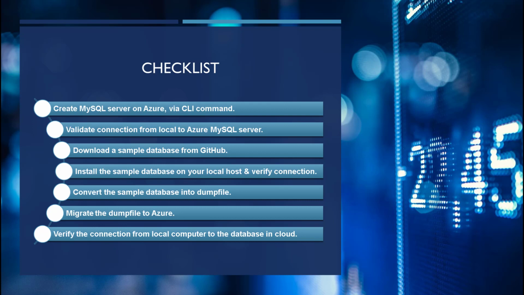The next thing I have to do is validate the connection from my localhost to the Azure MySQL server, download a sample database from GitHub, install the sample database on my local computer and verify the connection, convert the sample database into a dump file, migrate the dump file to Azure, verify the connection from my local computer to the database in Azure cloud, and after that I have to run some commands to see if my SQL database is working properly or not.